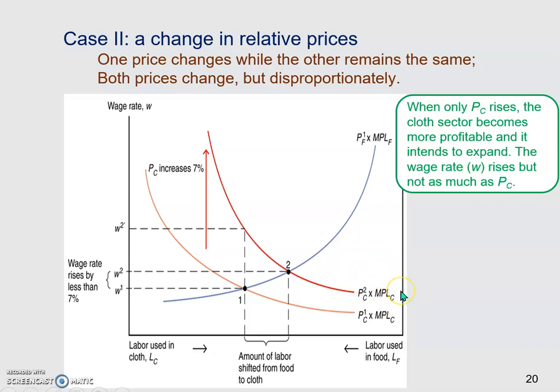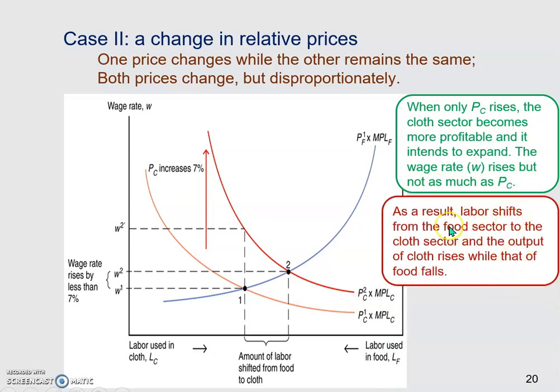So overall, we find that the nominal wage, which equals this product, would still go up, but less than 7%. So that's why we reach this conclusion.